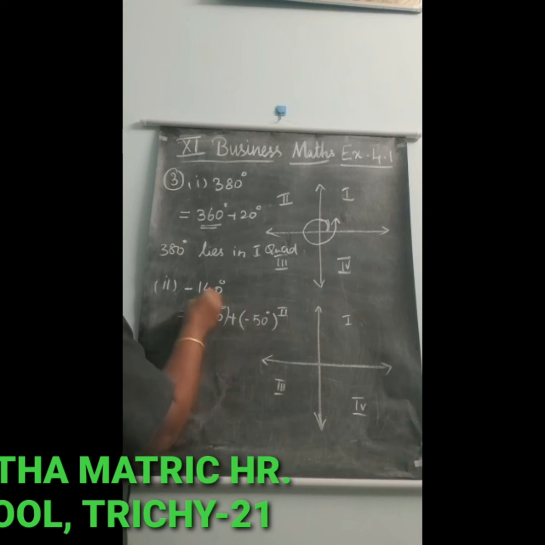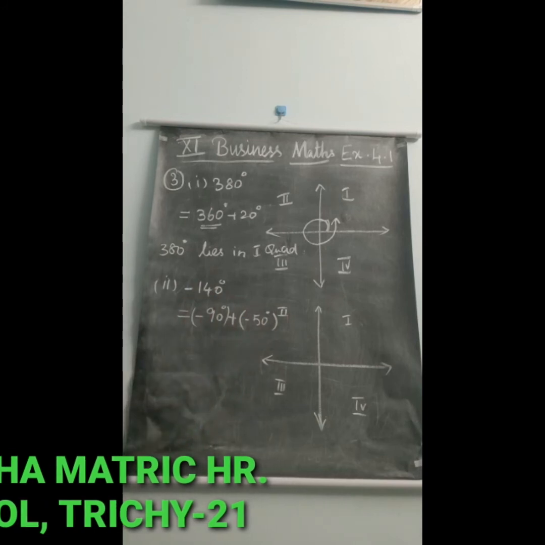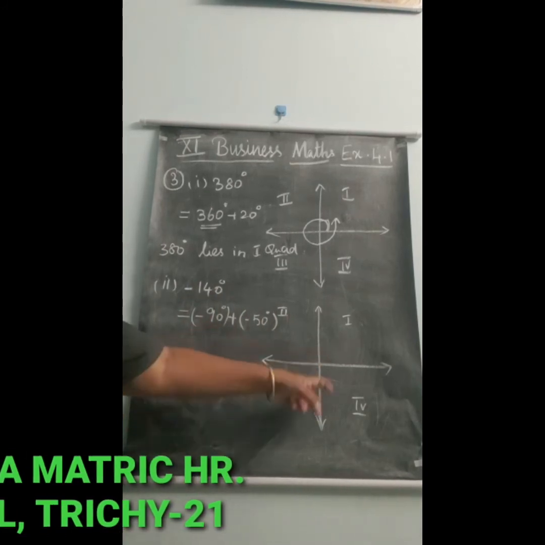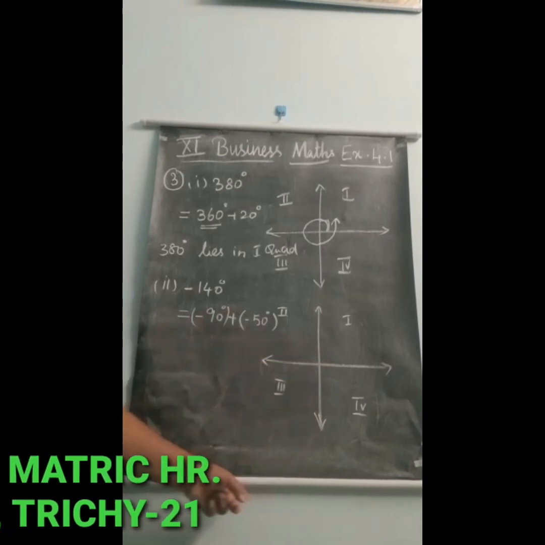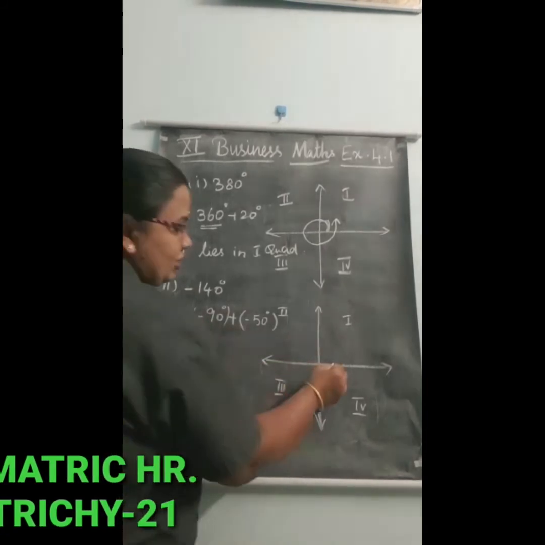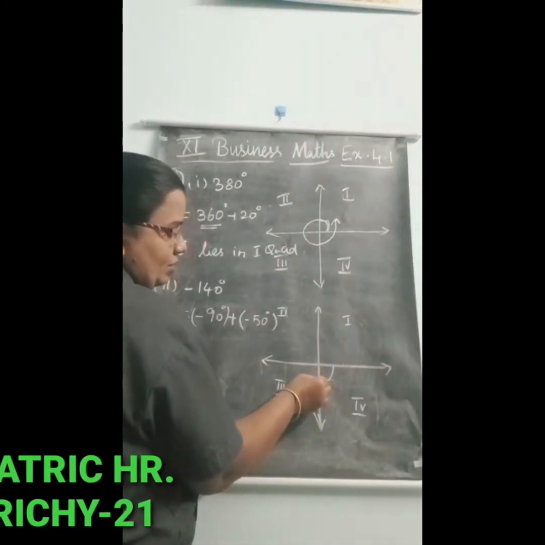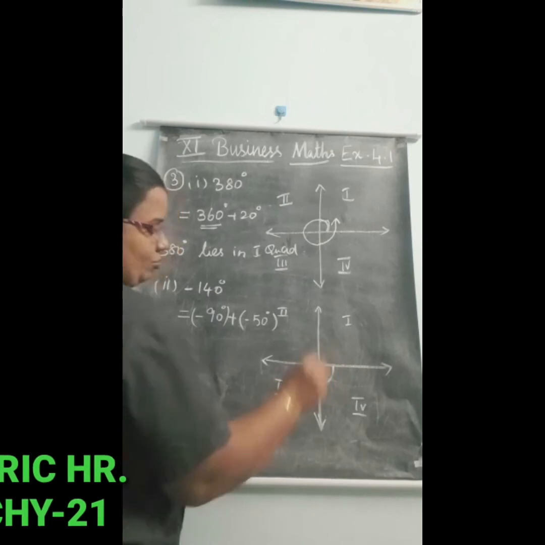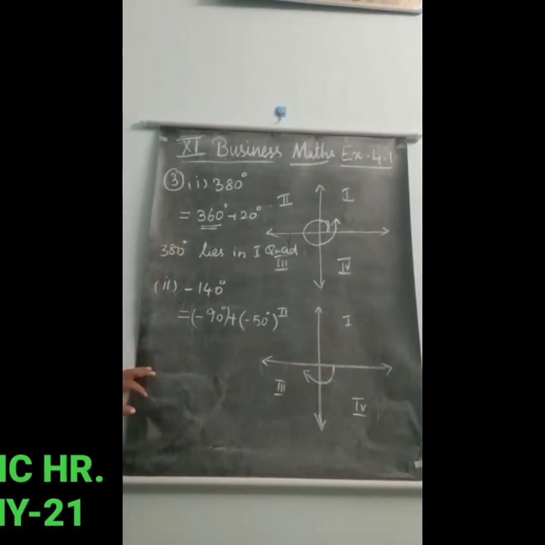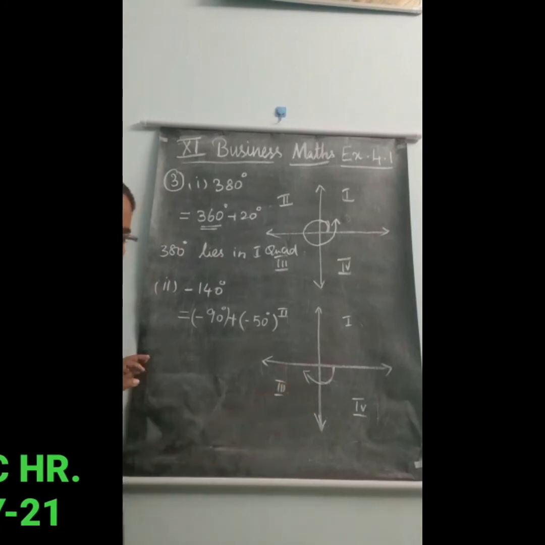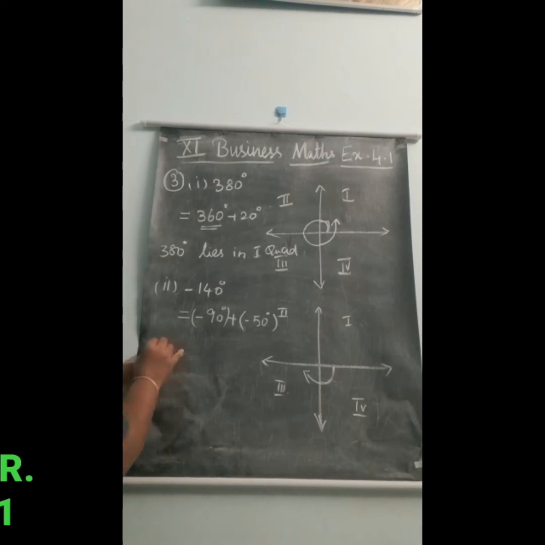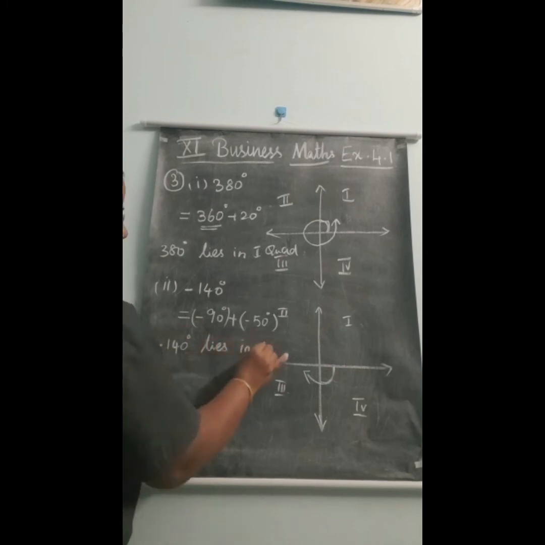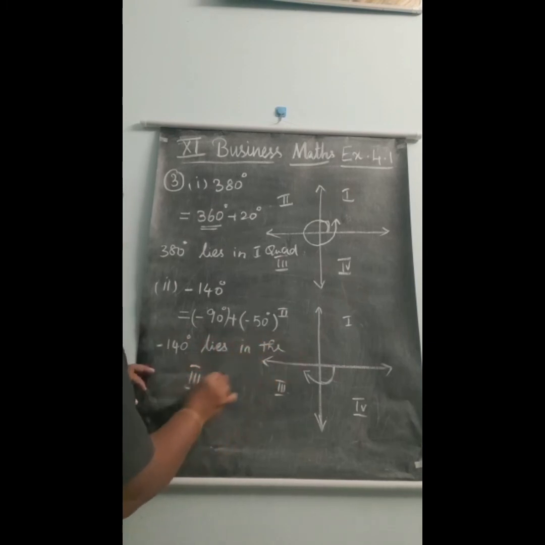Minus 90 minus 50 gives minus 140. Minus means you have to take it in the reverse order. So this is 90 and 50 comes here, up to this one. So it is in the third quadrant. So minus 140 degree lies in the third quadrant.